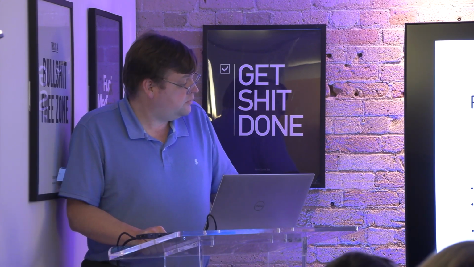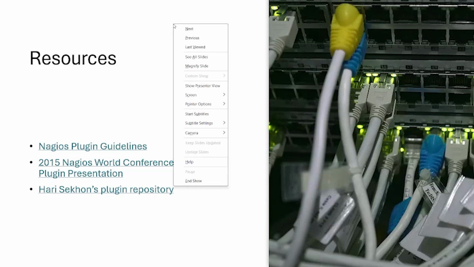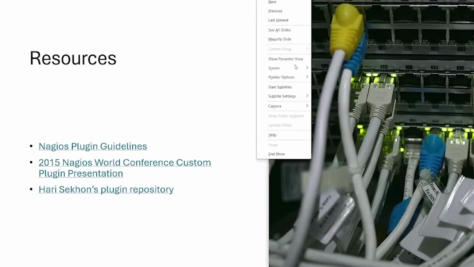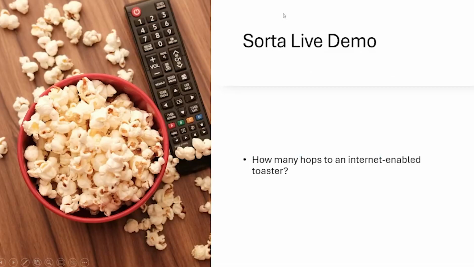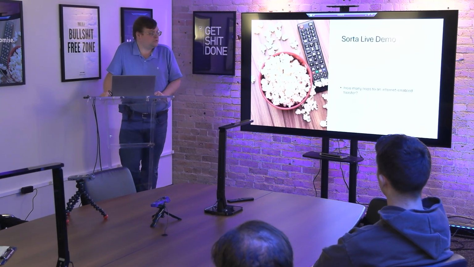In that repository is something like 450 various plugins that he's written to check various things, including but not limited to, I'm sure, how many hops to an internet-enabled toaster? Because we all have one of those in our kitchens. Yeah, if you can get to it, you can check it.